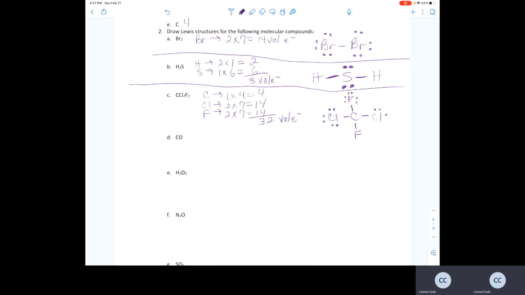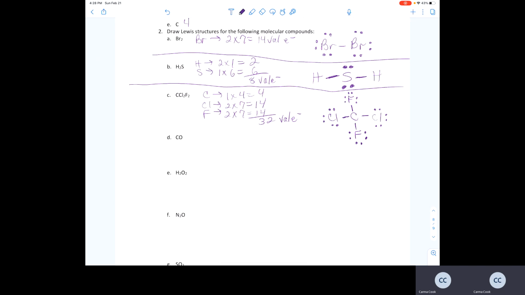And sometimes you'll just see them referred to as outside atoms versus the central atom. But I like to call them peripheral atoms. So now I've put in my additional 24, putting 6 electrons around each of the 4 peripheral atoms, 6 times 4 being 24.